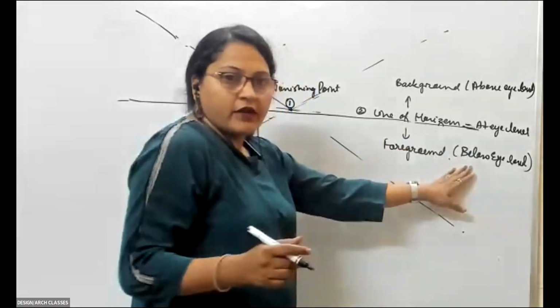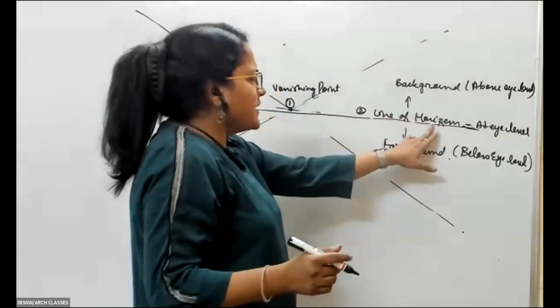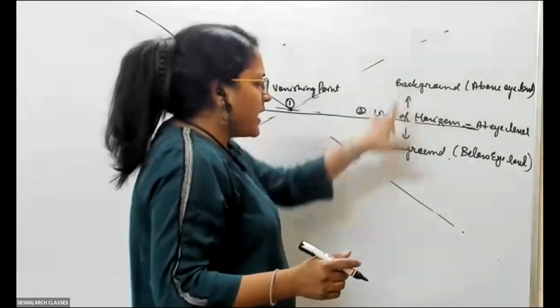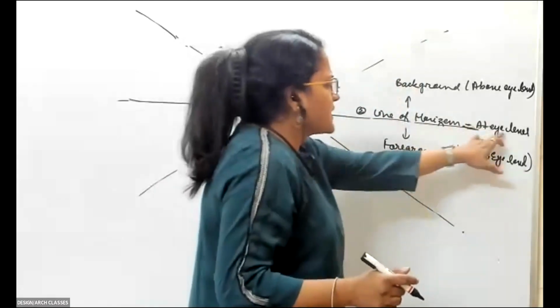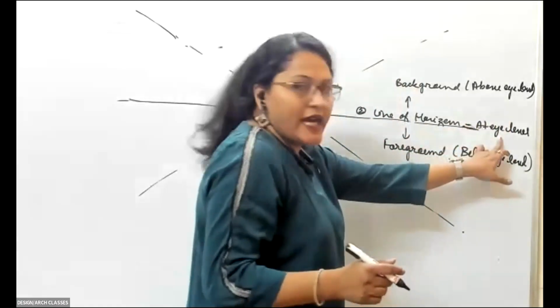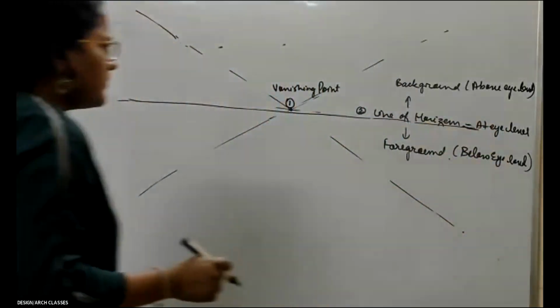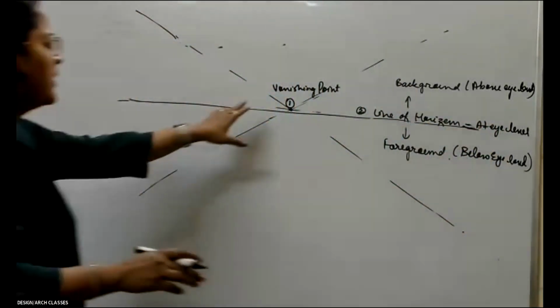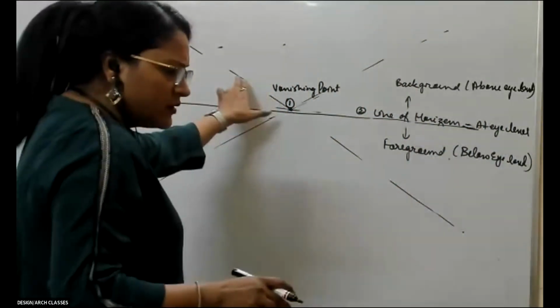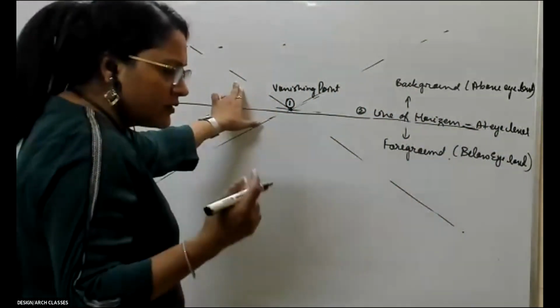Below eye level. Write it. Line of horizon distinguishes between background, foreground, and this is the eye level. Line of horizon generally lies at eye level. Ye above and ye below. How will this function? I'll tell you. Now write. I hope I'm audible.